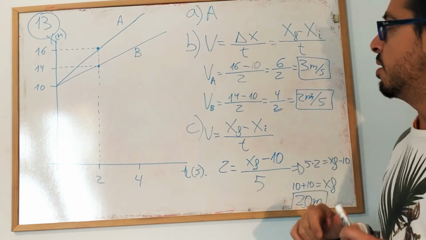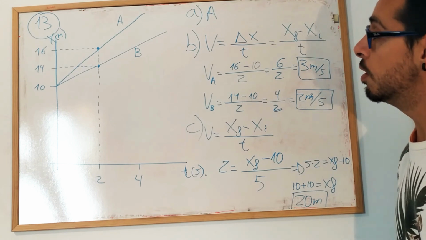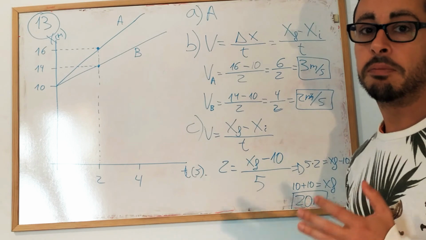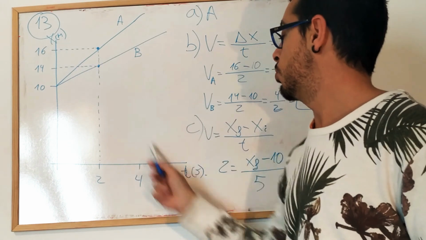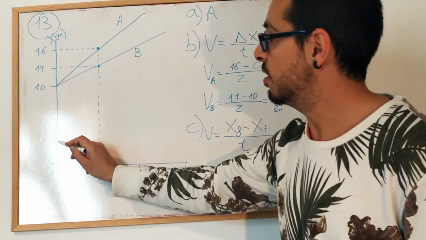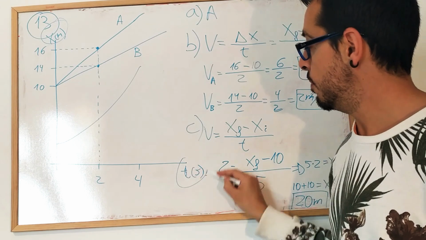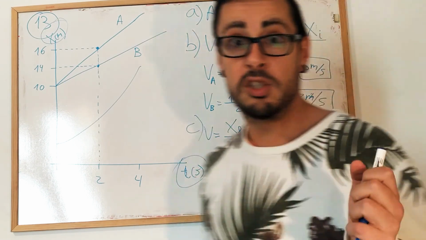And by the way, this is not so difficult, but tomorrow we are going to start learning the accelerated movement. Remember, the position time graph in an accelerated movement is going to be, but only position time, not the speed time graph. Okay, so that's all for today.